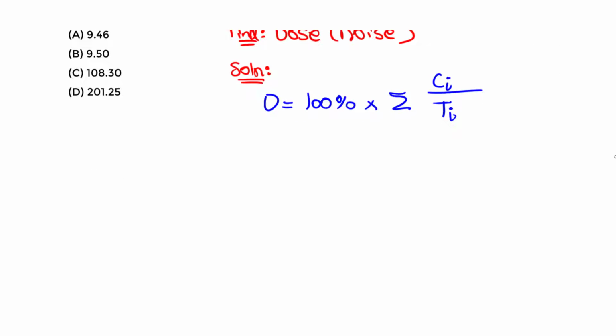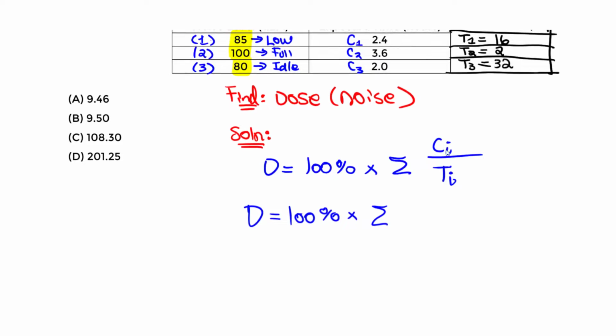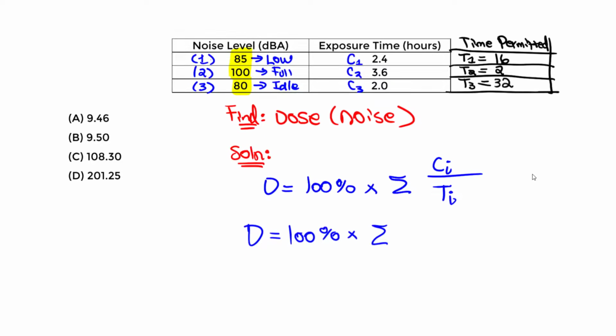So D equals 100% times, and I'll just denote that as the summation. When they talk about the summation, you have C1 divided by T1, then plus C2 divided by T2, plus C3 divided by T3.